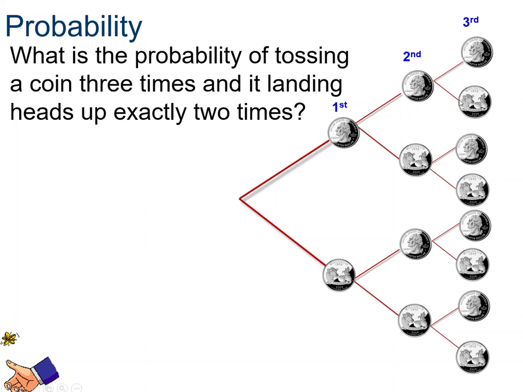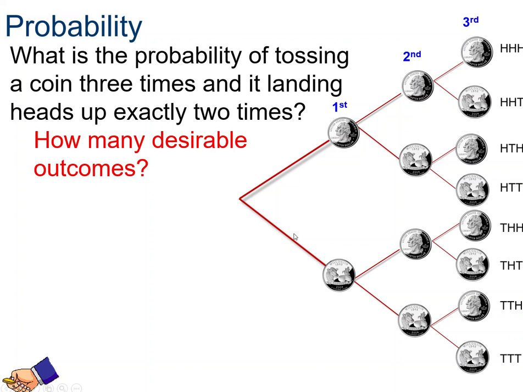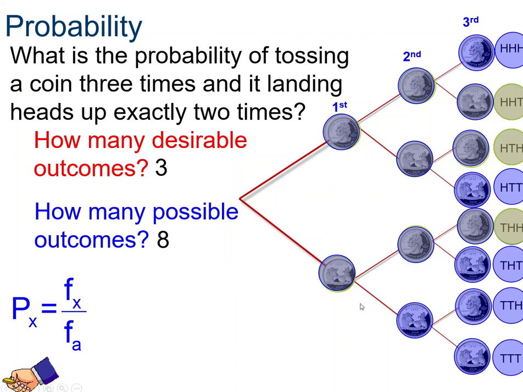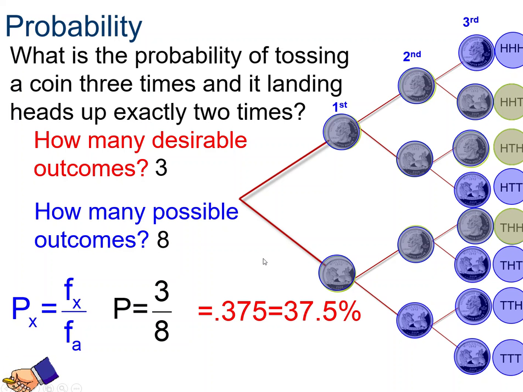However, this one's in, so there's 1, 2, 3. So desirable outcomes, we have 3. Possible outcomes, 6, 7, 8 is 8. So 3 over 8, or 37.5% chance of getting what we want, which is exactly 2 heads.